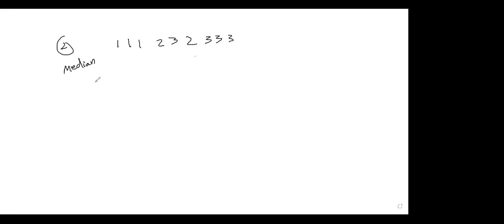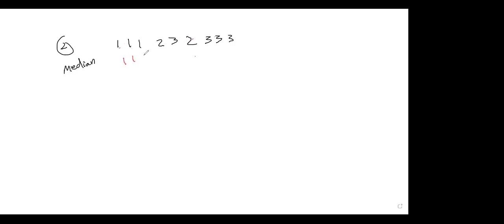And where did you get that? Because it's the middle number out of the 9 numbers. What did you do first? Oh, I put them in order. So 1, 2, 3, 4, 5, 6, 7, 8, 9.